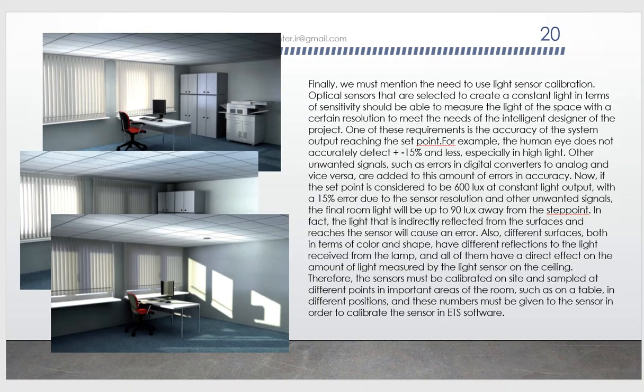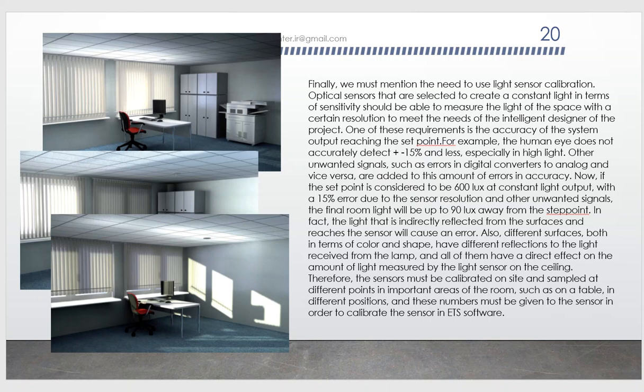For constant light control, take care of the calibration. When you install the devices and the architectural components in a room, the table, and different objects like a PC or whatsoever, after that you should do the calibration and enter the data manually into the parameter side, or some sensors will calibrate themselves automatically and cyclically.